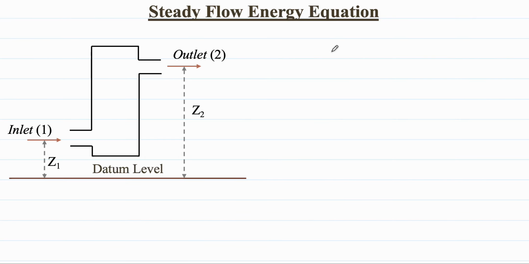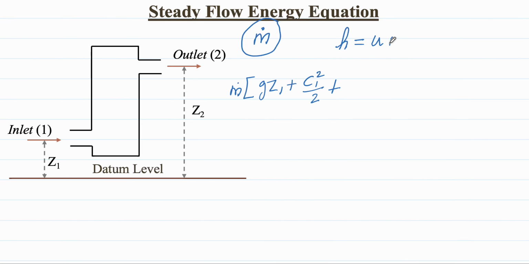And when we multiply the equation by the mass flow rate of the working substance throughout, then the equation represents energy flow per time. So then the equation becomes m dot times gZ1 plus C1 square by 2 plus, so instead of writing internal energy plus pressure volume product, we can write it as enthalpy, because enthalpy H is equal to internal energy plus pressure volume product.